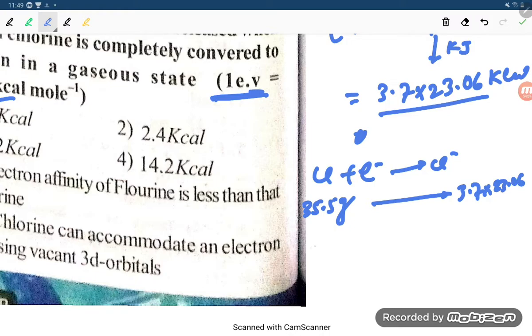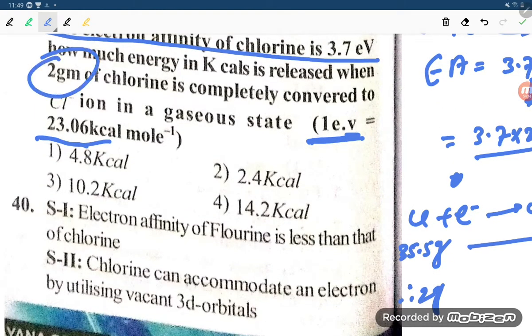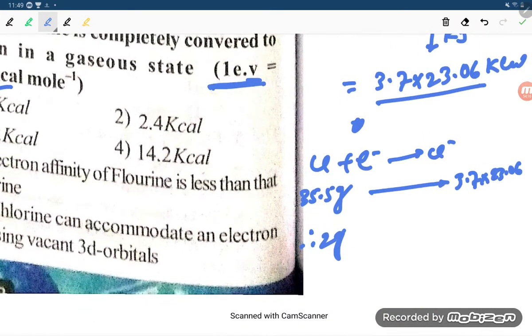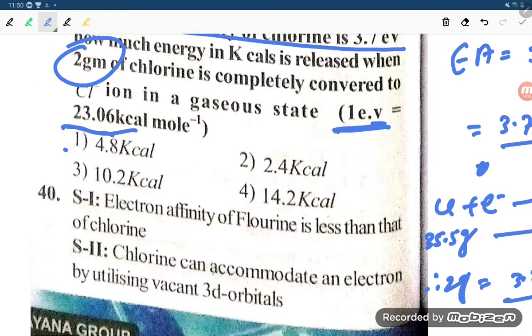For 2 gram, they are asking, so 3.7 into 23.06, multiplied by 2 divided by 35.5. How much is coming, student? 4.8 kilocalorie. You can match with the options, student, 4.8 kilocalorie. Option number 1 is the correct answer, student.